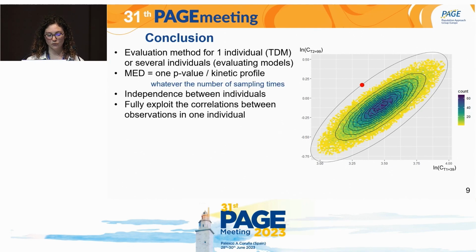The MED provides one p-value, the method provides one MED per kinetic profile, and I have presented the concept with only 2 concentrations per kinetic profile, but you can compute the MED with more observations per individual. The MEDs are independent between individuals and fully exploit the correlations between observations made in one individual.